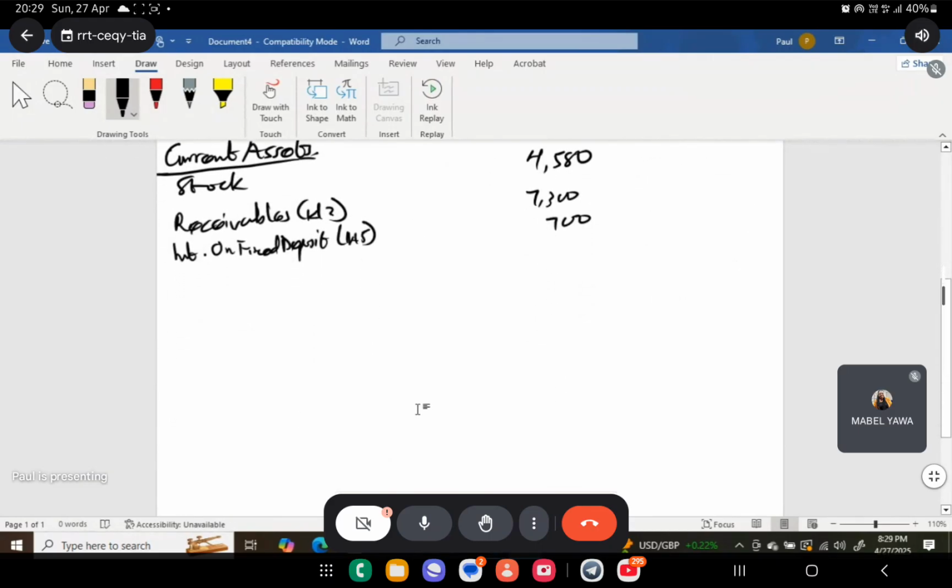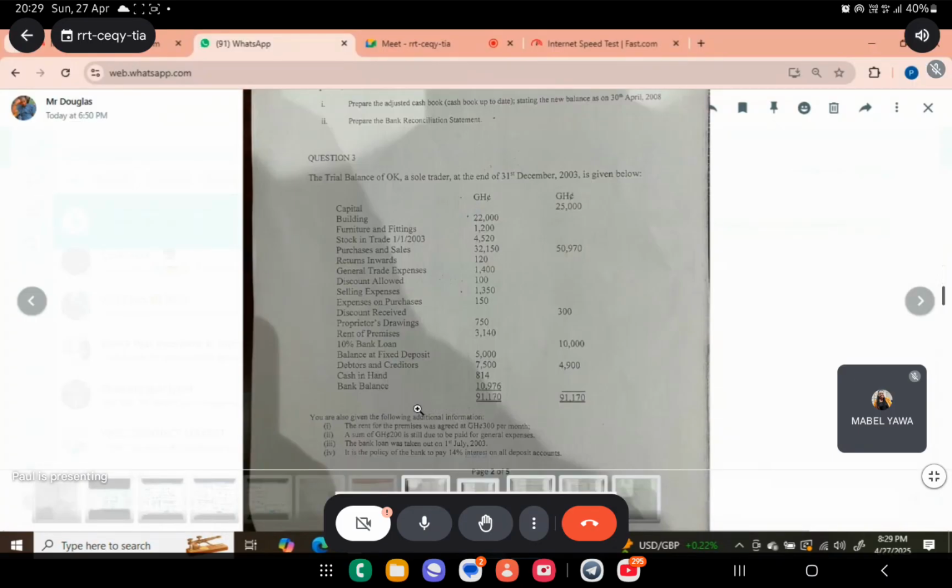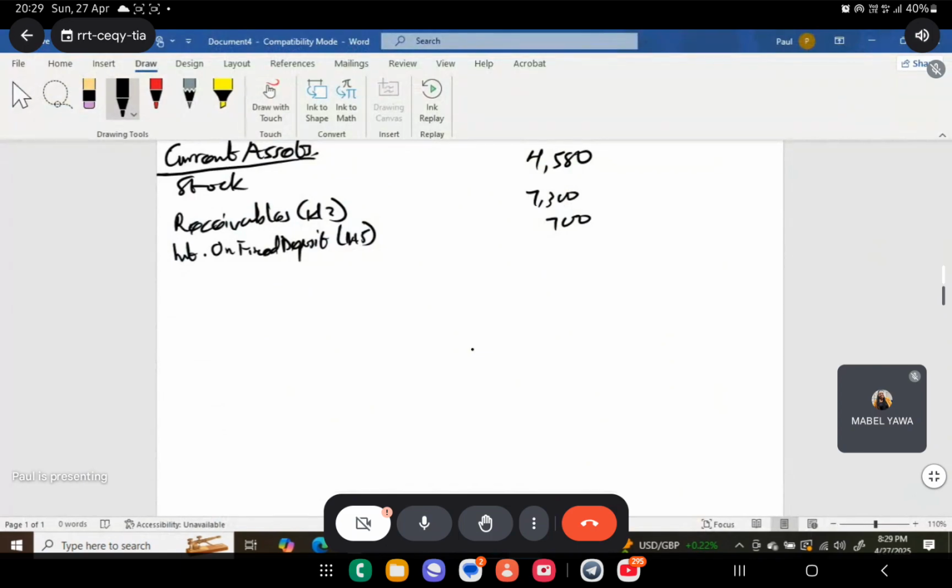So add our cash in hand and our cash in bank because we've already added the debt. That's the receivables. Okay. Receivables or debt. So what we are left to add is cash at bank, cash.